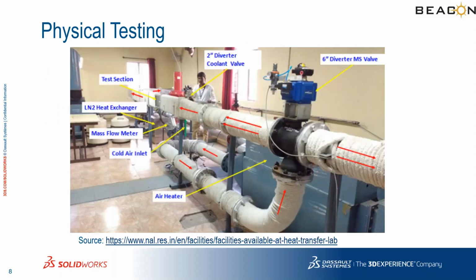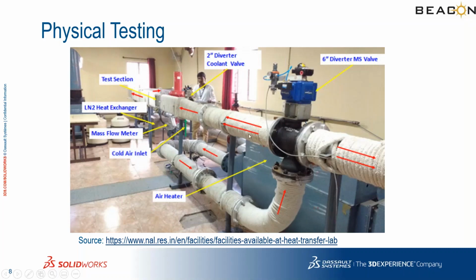Otherwise, if you do not use it, then for validating the product, you have to do rigorous testing, which involves a lot of cost. As you can see, this is one of the typical examples of a heat transfer lab, where you can see the heat exchanger has been placed over here, and rigorous testing has been carried out.